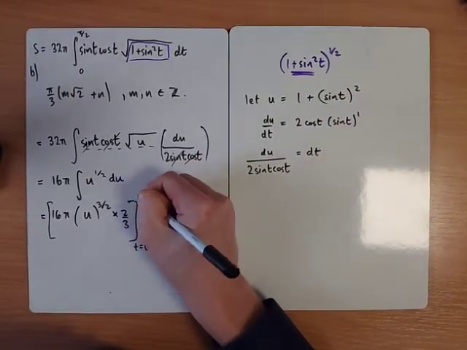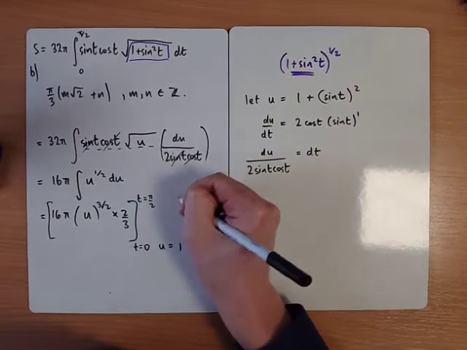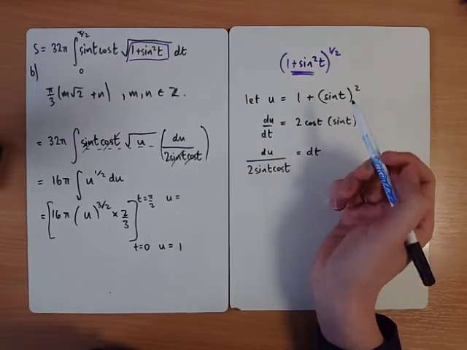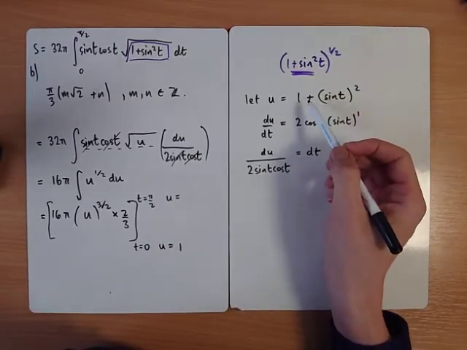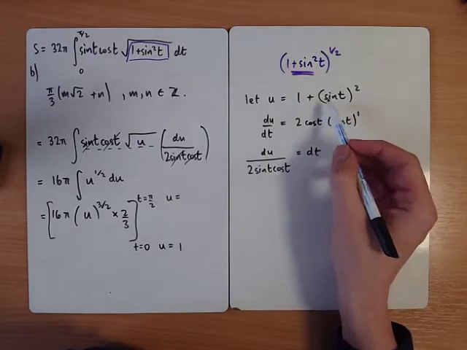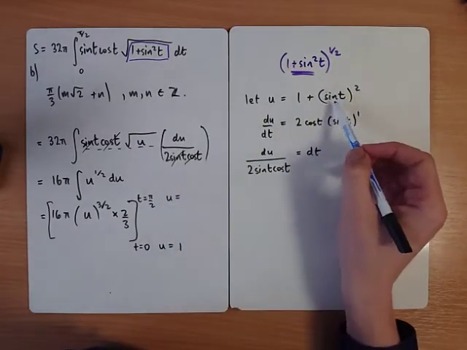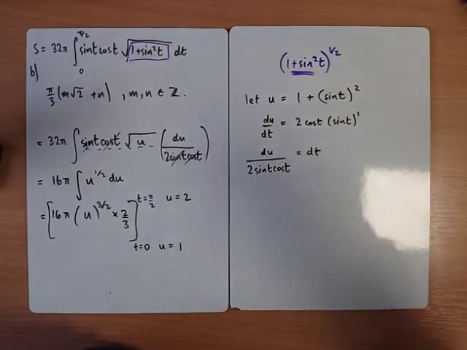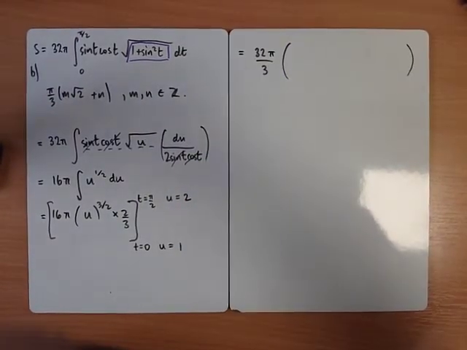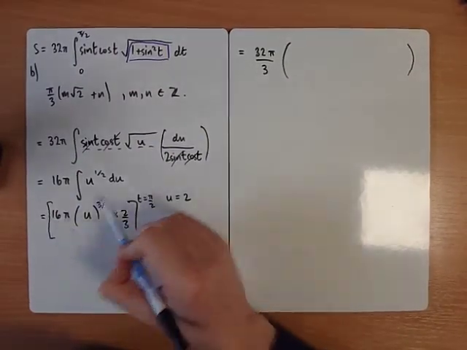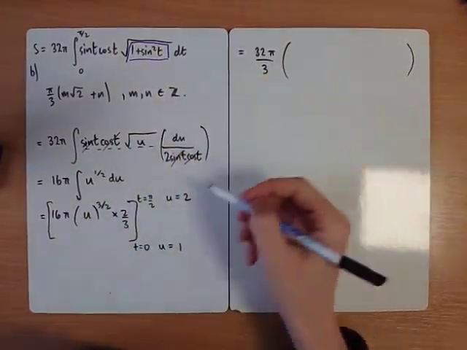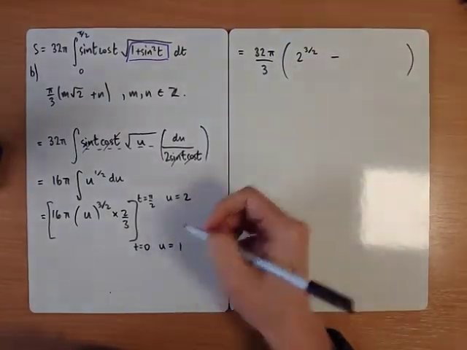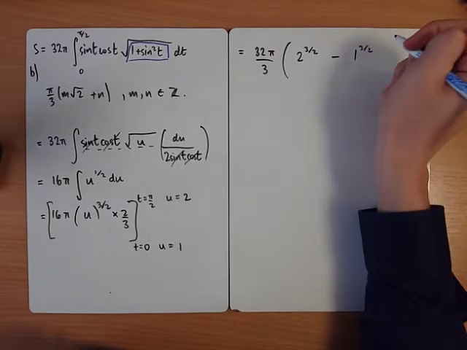And when t equals pi over 2, u would equal sine of pi over 2, which is 1. So 1 squared plus 1, u would equal 2. So just tidying this up, we get 32 pi over 3, subbing our limits, 2 to the power 3 over 2 minus 1 to the power 3 over 2.